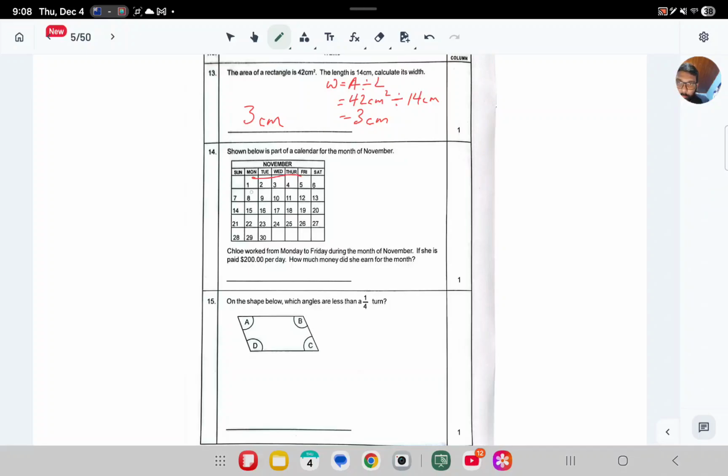From here to here is 5, 10, 15, 20, 21, 22. 22 days. So the total paid will be the 22 days multiplied by the $200. 22 by 2 is 44, and add the 2 zeros. So she earned $4,400.